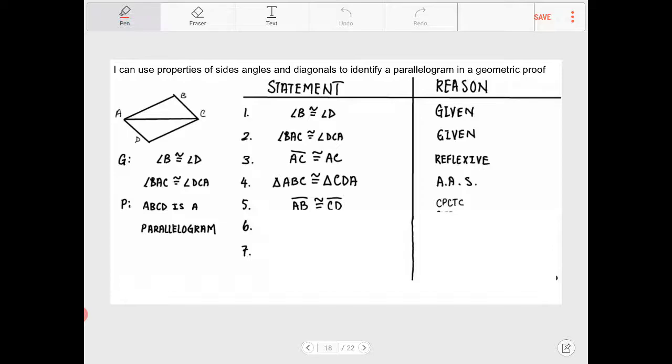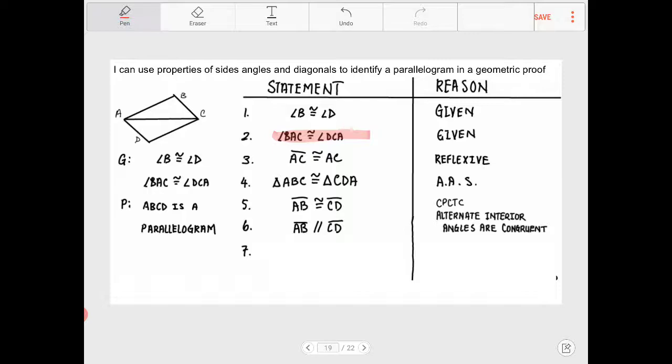So we can say that AB is going to be congruent to CD because of CPCTC. We can also declare that AB is going to be parallel to CD because from line 2 here, we have alternate interior angles. So therefore, AB and CD are both parallel and congruent.